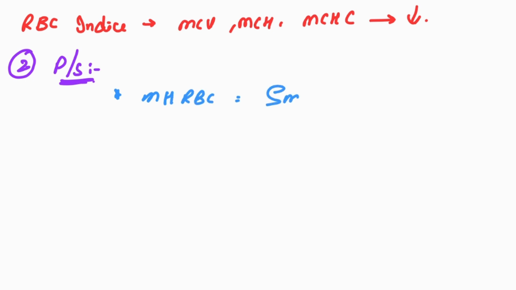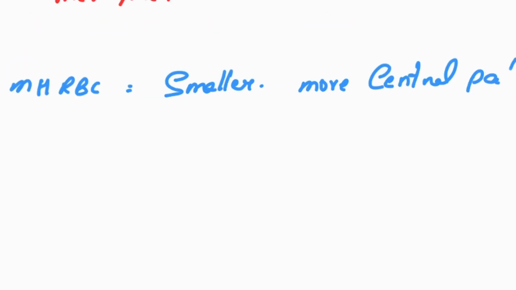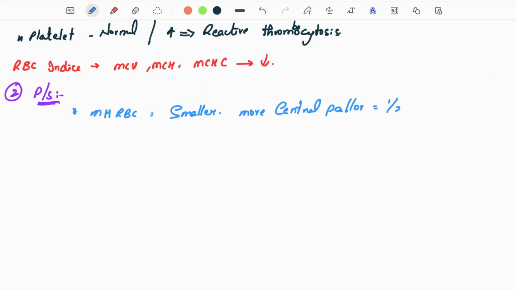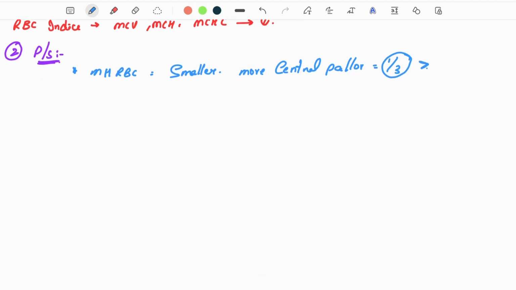RBCs are smaller and have more central pallor. Generally it is 1/3, now it will be greater than 1/3.